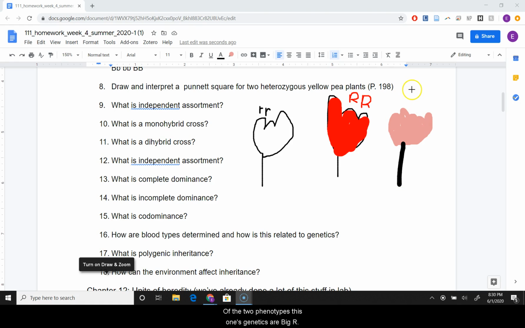This one's genetics are big R, little r. There's no reason that's larger, I just didn't change the font back. So incomplete dominance is you wind up with a combination of the phenotypes. This one is homozygous recessive, this one is homozygous dominant, and this one is heterozygous.